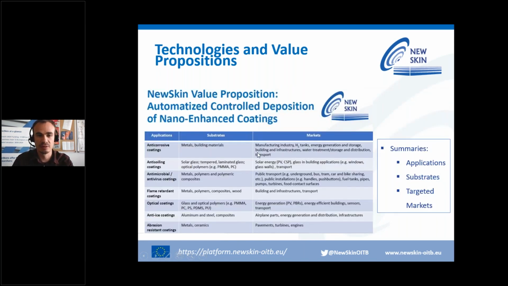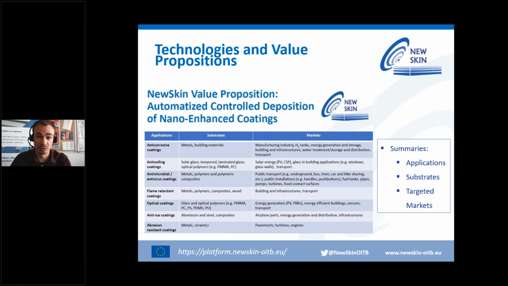And finally, on all of the value propositions, all partners, all RTOs are required to provide tables and graphs that make it easier for external organizations to understand what the applications of specific technologies are, on which substrates and on which markets these technologies can be used.